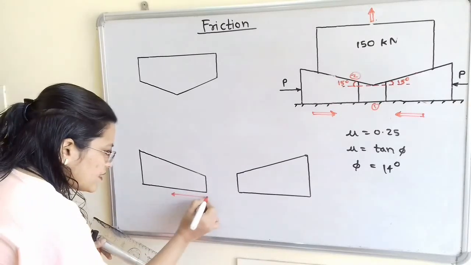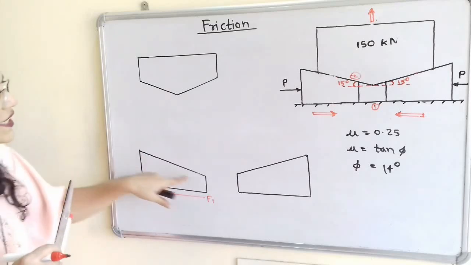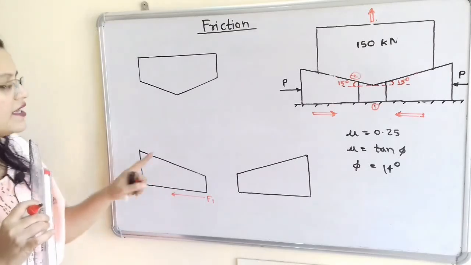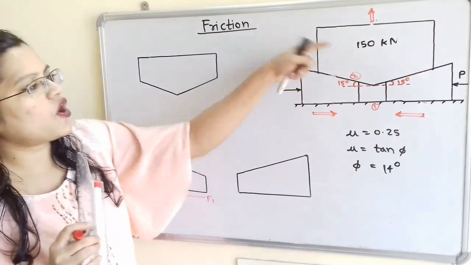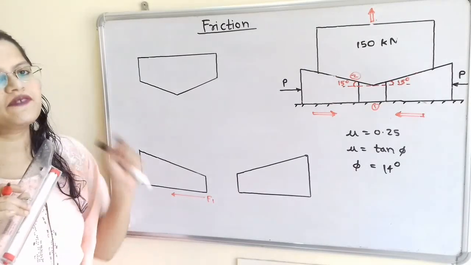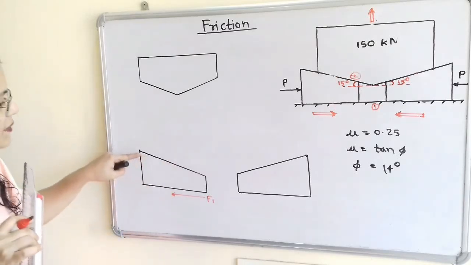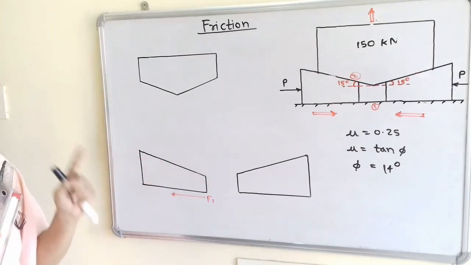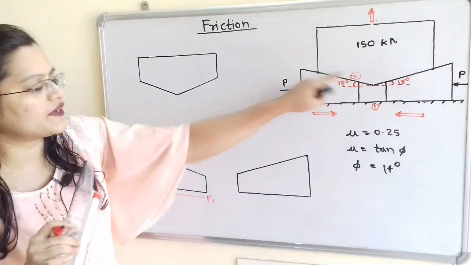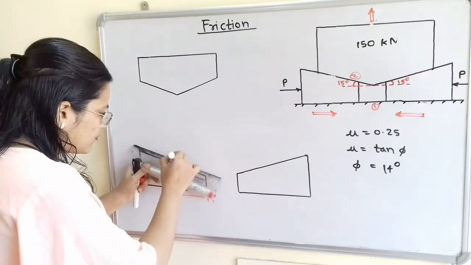So we will give here the suffix 1, F1. Now if we observe the inclined surface, it is in contact with the block. So we also have to show the frictional force which is in the same direction as F1, but parallel to the inclined surface, and we mention it with suffix 2, that is F2. So I will mention here F2.